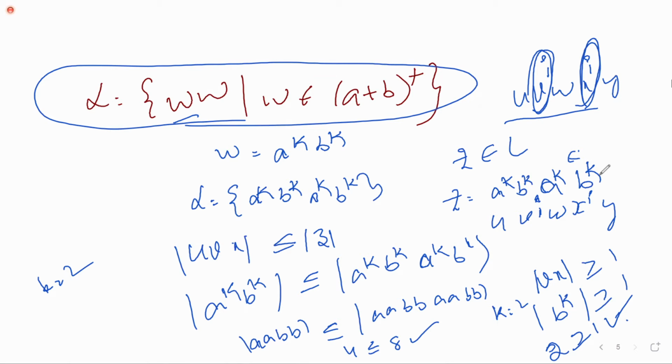And then we have seen CNF and GNF, Chomsky normal form and Greibach normal form. Chomsky normal form has either two variables or a single terminal. In Greibach normal form, it must start with a terminal, and after that you may have any number of variables or none. And then the pumping lemma. I think you are clear with this, right? Yes, ma'am. I'm moving forward.